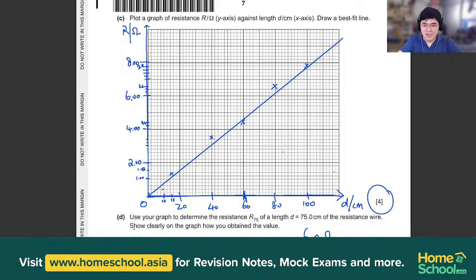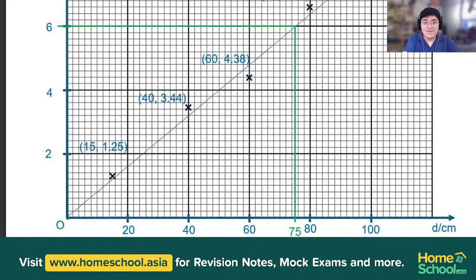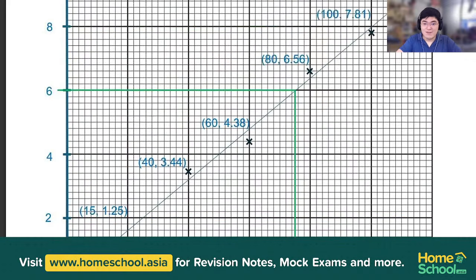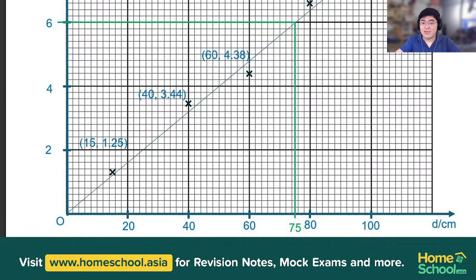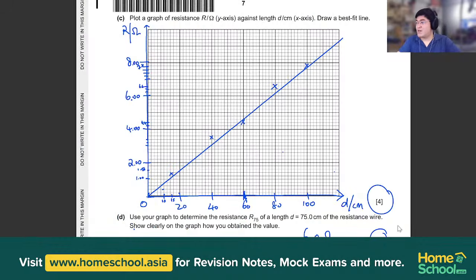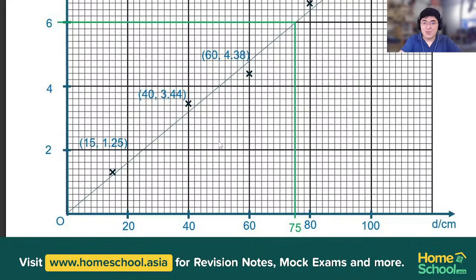So this is a 3-mark question. How do you get the full 3 marks? 1 mark is for the method we have described just now. If you draw one line up from 75 up to the graph, and draw a line across to 6 on the y-axis, this is the method used to find the value of R75. The second mark you get is if the value of R75 is correctly read to half a small square.